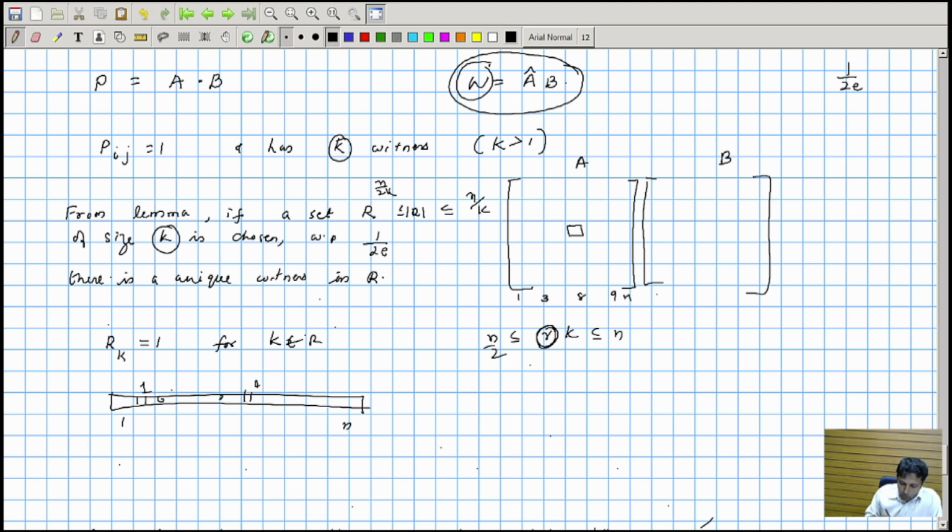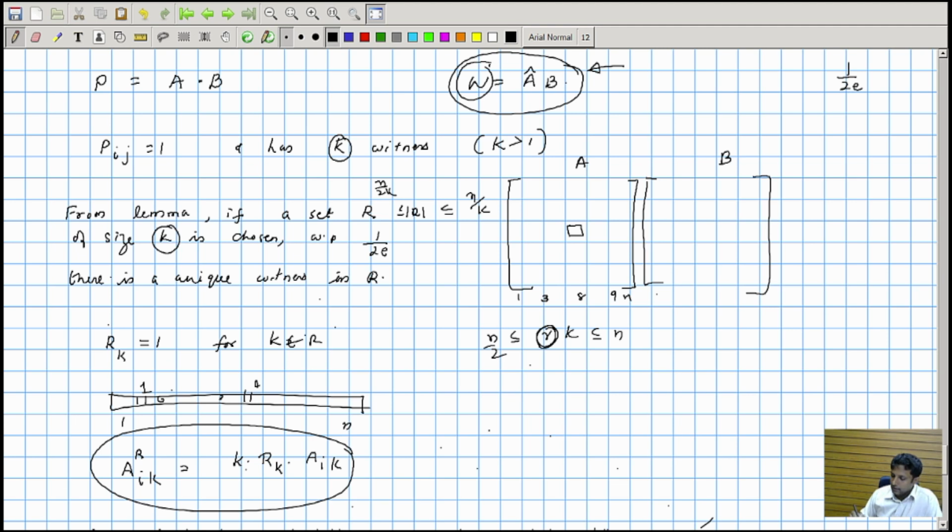Now if we look at the matrix A, you can look at the matrix obtained from A, named AR. The ikth entry of AR is set to be k times R_k times A_ik. This is similar to the witness matrix construction when there were unique witnesses.